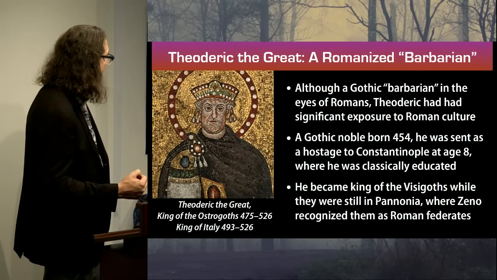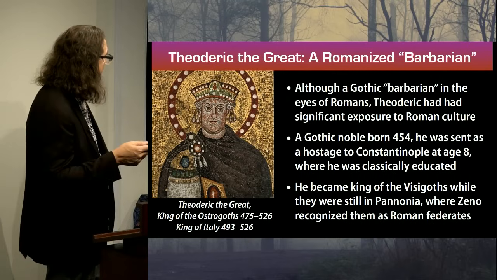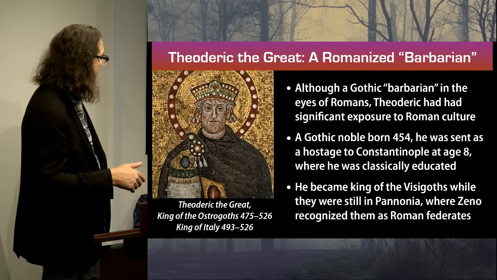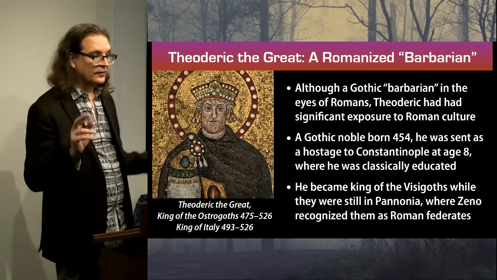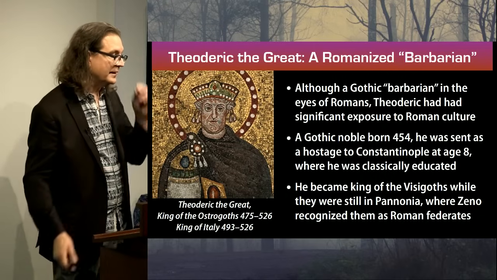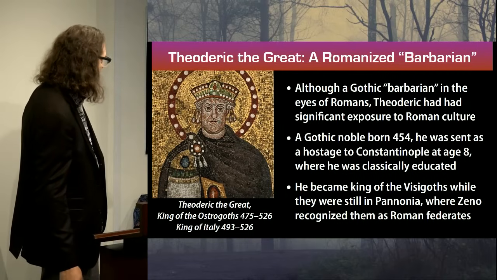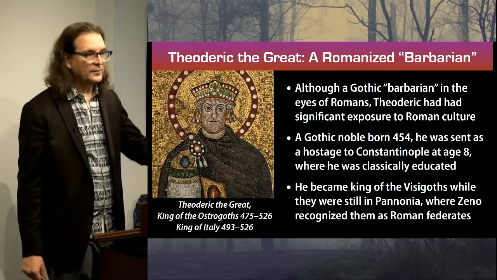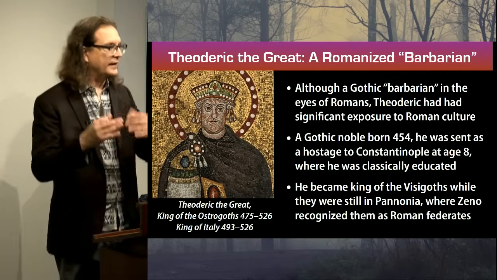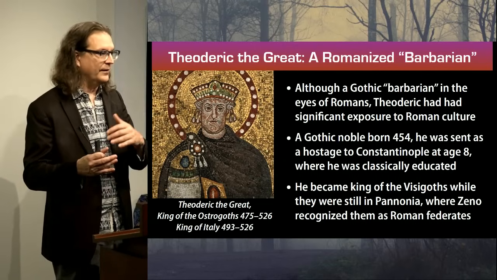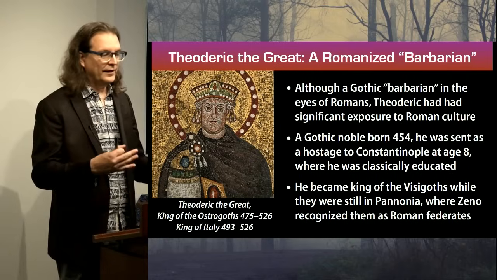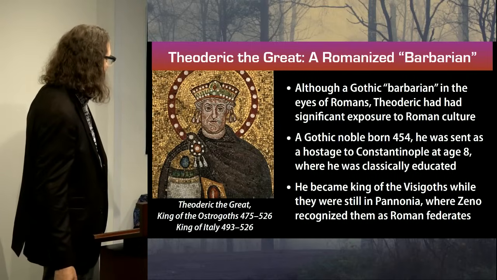He becomes king of the Ostrogoths while they're still up there in Pannonia in Hungary. And like I say, Zeno recognizes them as this category of federate, which means ally, who's kind of like a mercenary of the Roman government. So legitimized as kind of, now you're the Roman army, now you're our Germanic barbarians, and you must do the kind of things that we want you to do, although they didn't always do that.